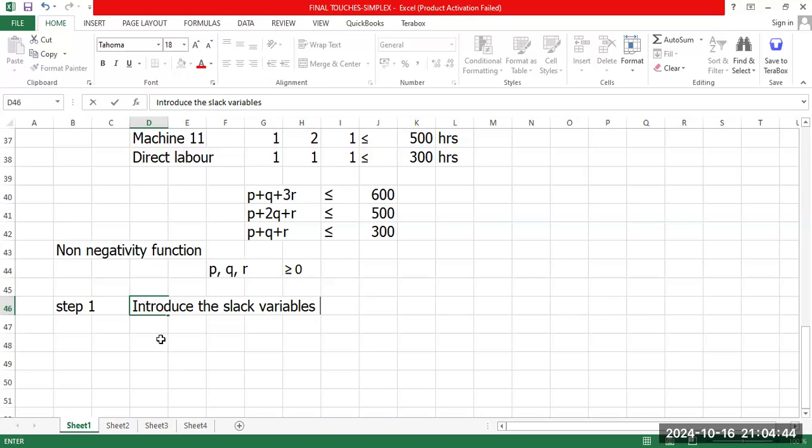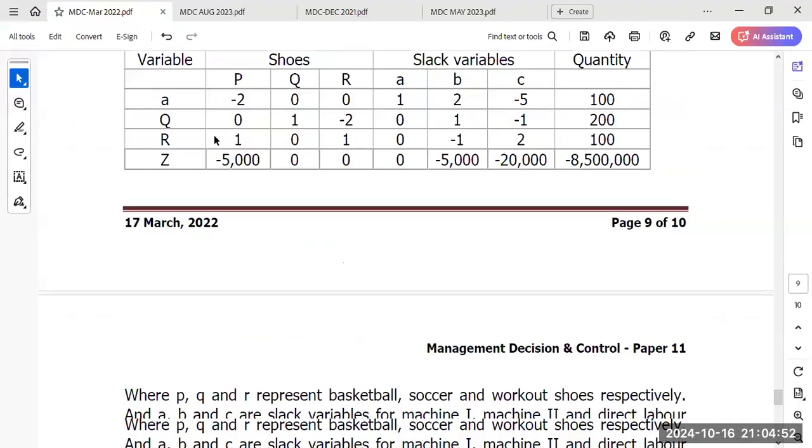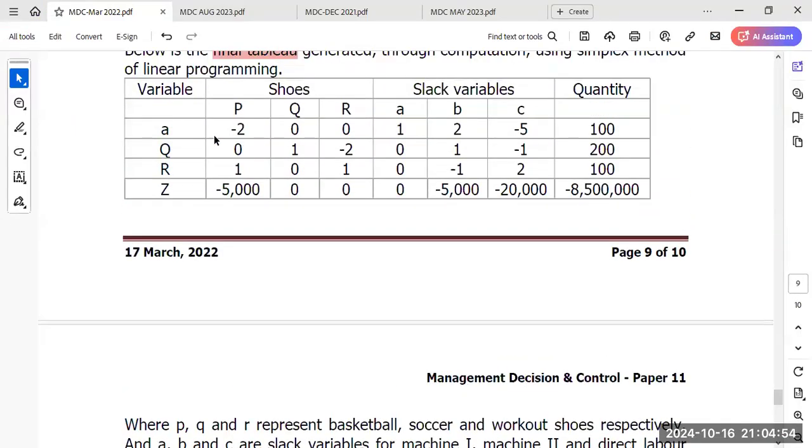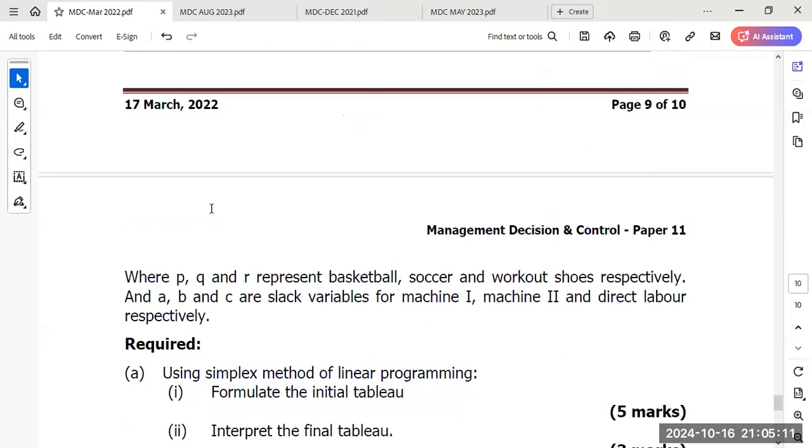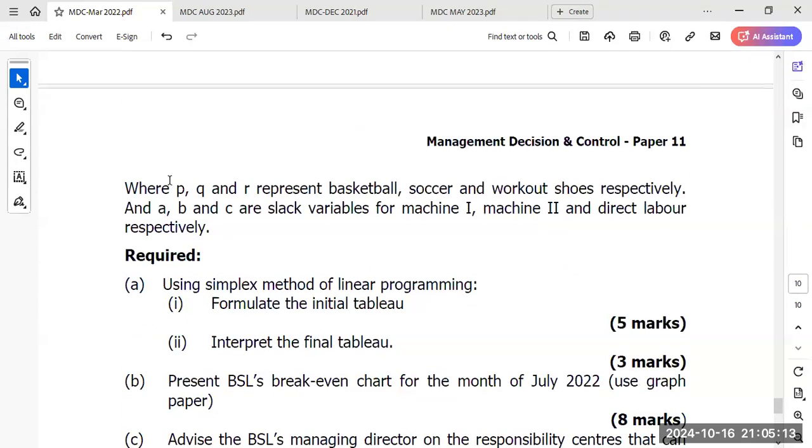In the question, you are actually given these slack variables. If you are not given slack variables, you have to define them based on your constraints. If you have 4 constraints, we expect you to have 4 slack variables. If you have 2 constraints, then you'll have 2 slack variables. Now, how many constraints do we have based on our question?